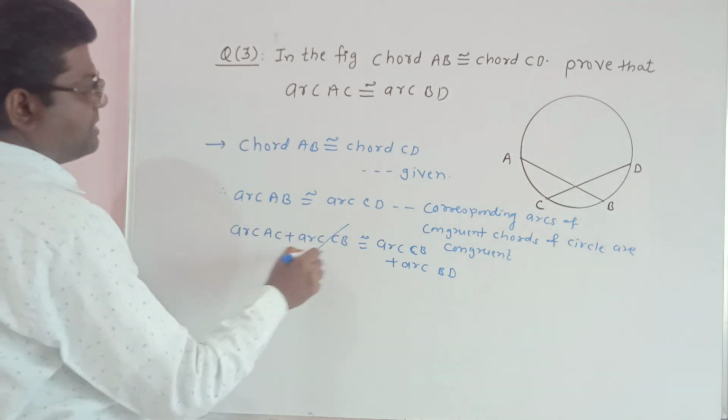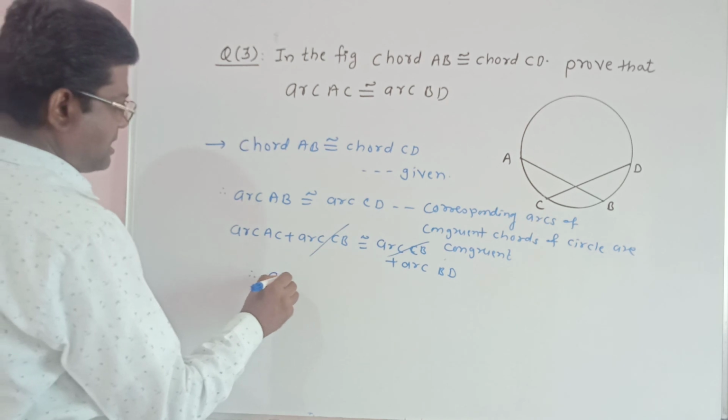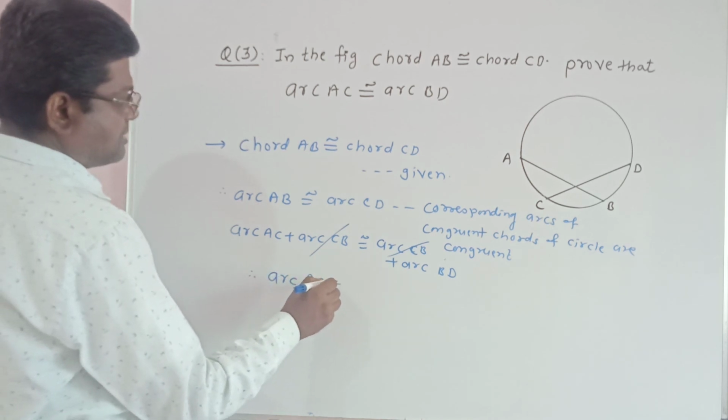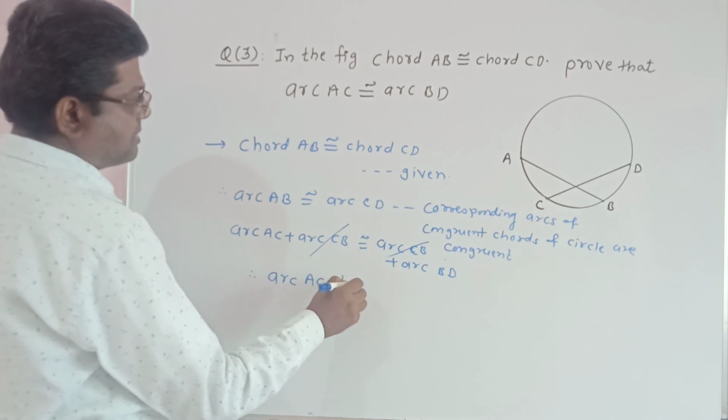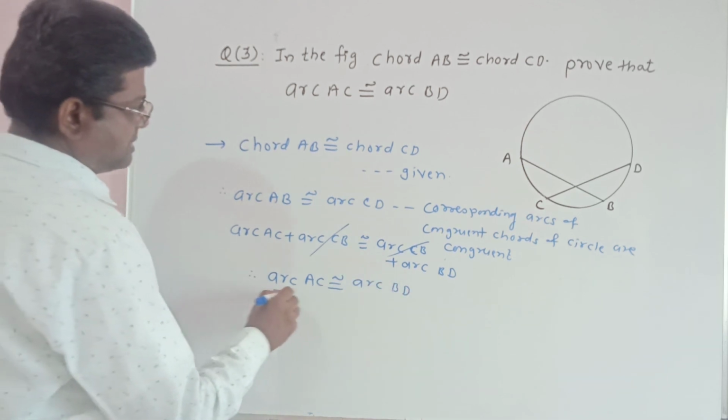Now arc CB gets cancelled. Therefore arc AC congruent arc BD. This is a proof.